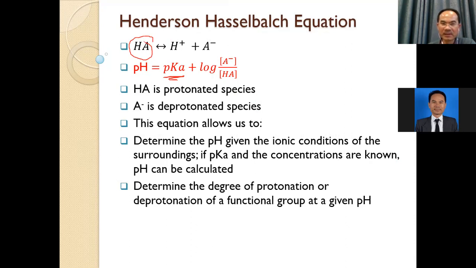If the system has a known pKa, you can calculate this. Here HA is the protonated species and A minus is the deprotonated species. For this case, the equation can provide data to determine the pH at the given ionic condition of the surroundings.